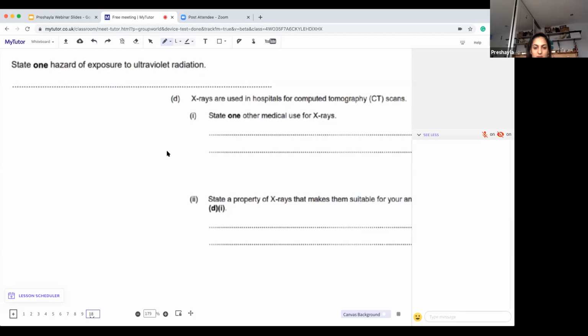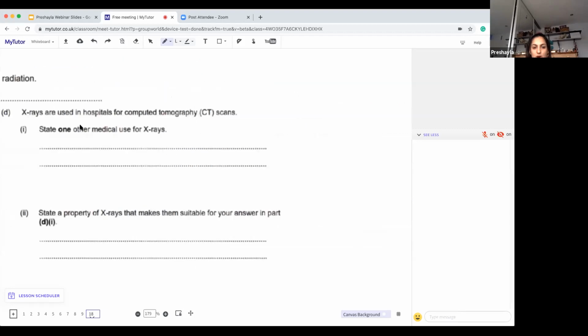Okay, and then the next one, what is one other medical use for x-rays apart from scans, apart from CT scans?